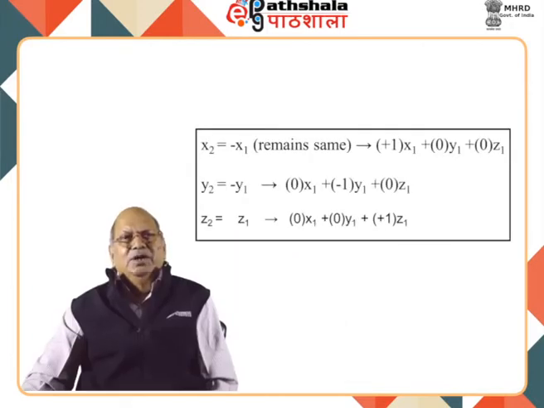Now the effect of the sigma xz operation. It will transform x1 into x1, y1 into minus y1, and z1 goes into z1. So x is negative in the second quadrant and it will remain the same after reflection in the xz plane, and these effects are shown below. The equations corresponding to these operations are: for x2, plus 1 x1, 0 y1, 0 z1; for y2, 0 x1, minus y1, plus 0 z1; for z2, 0 x1, 0 y1, plus z1.